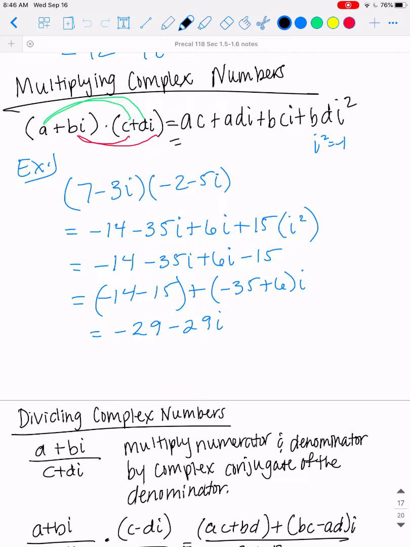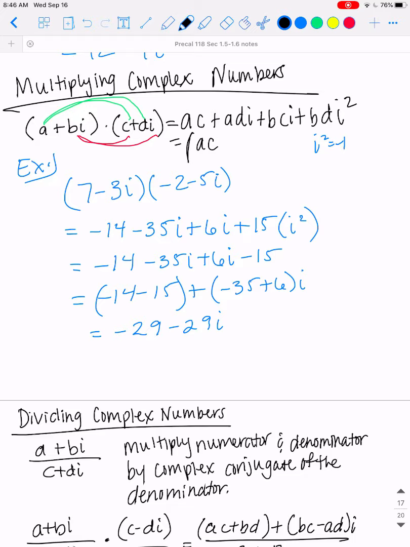Okay, so here we have multiplying complex numbers. We have a plus bi times c plus di, and that's going to equal ac plus adi plus bci plus bdi squared. So we're able to group like terms. We're grouping ac, and then notice how bdi squared, or i squared, equals -1.